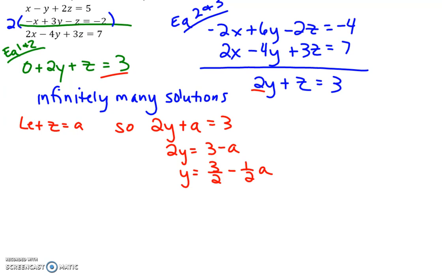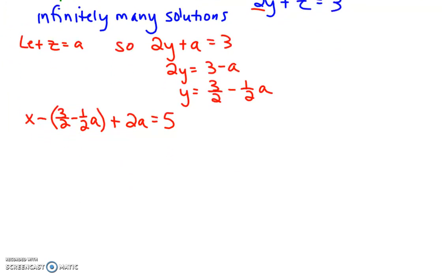And now we're going to plug into the original, the first equation, these expressions that we have for z and for y. So we have x minus 3 halves minus 1 half a, plus 2z, which is 2a, and that equals 5.